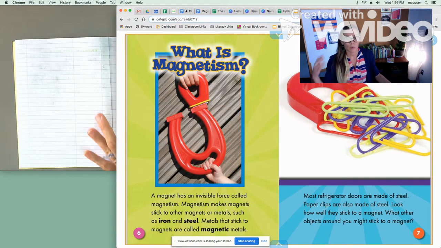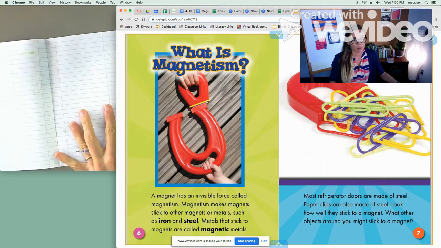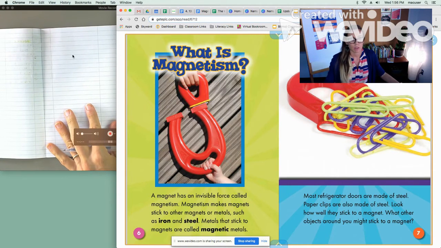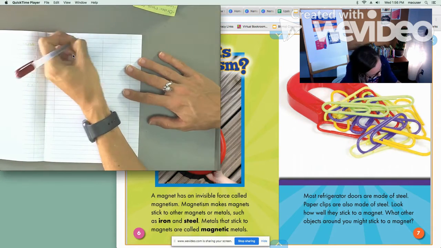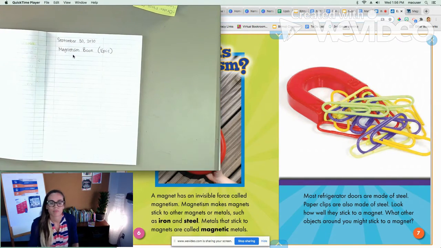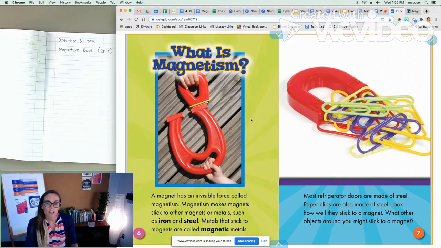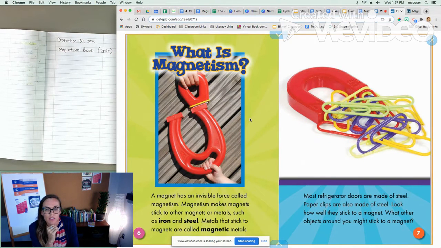Okay, so first up we have the book on Epic called Magnetism. Let me read it and then I'll take some notes. A magnet has an invisible force called magnetism. Magnetism makes magnets stick to other magnets or metals such as iron and steel.